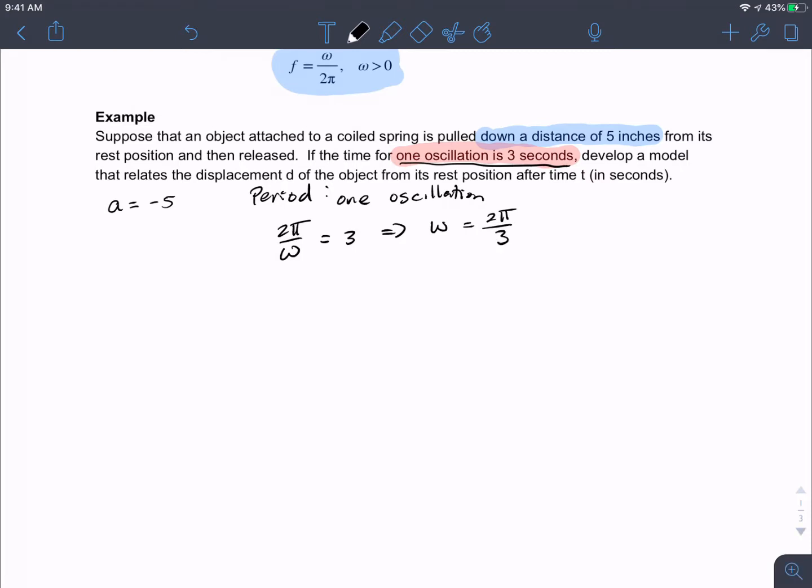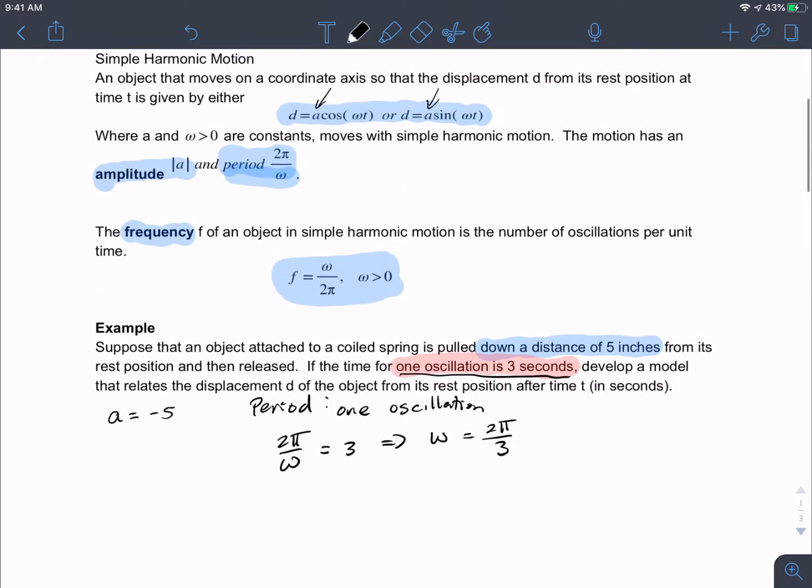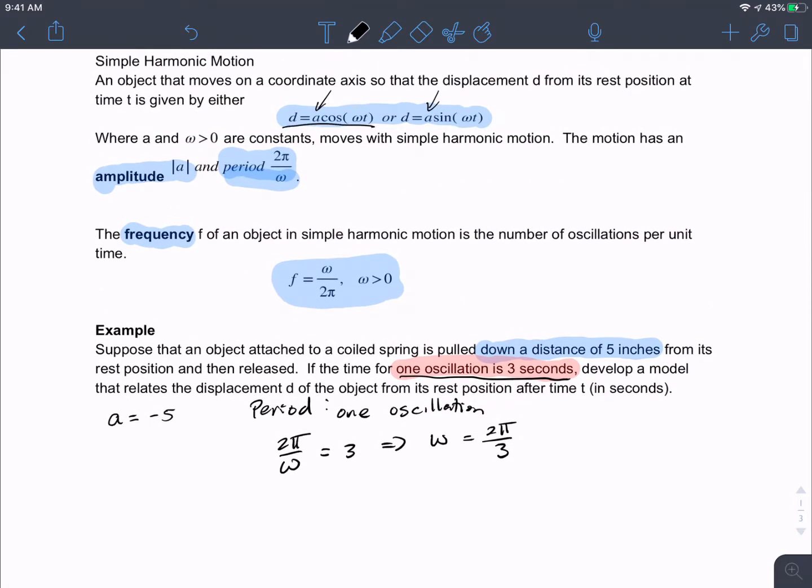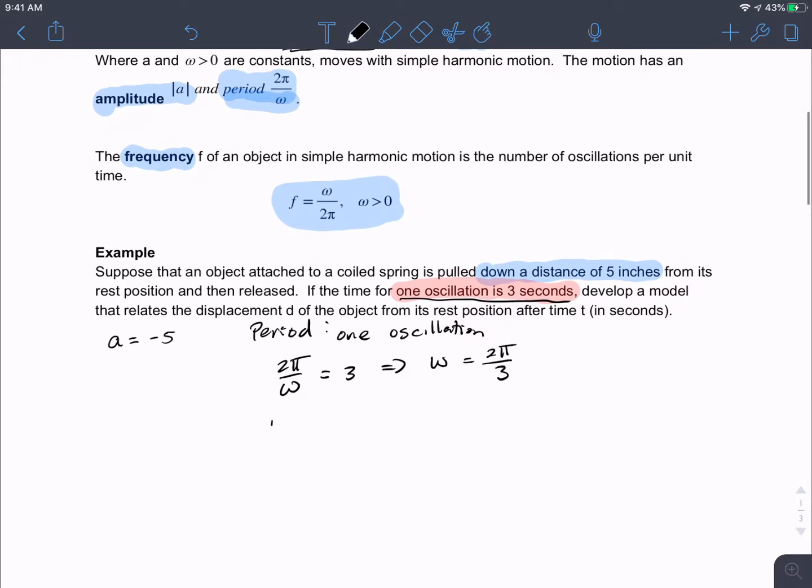And so the formula that we're going to use in this case is going to be the cosine formula, just because it's the first one written. And so we're going to get D is equal to -5 cosine of 2 pi over 3 t.